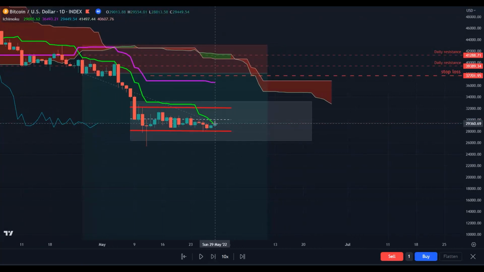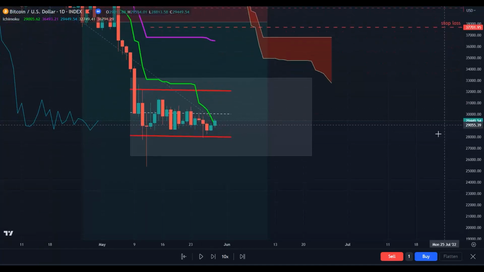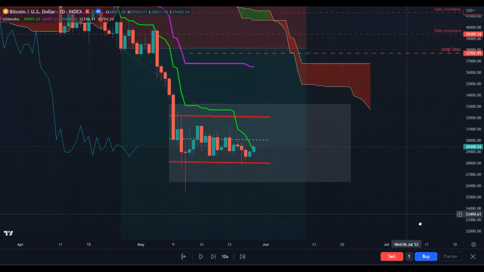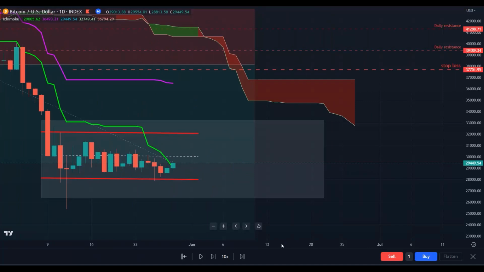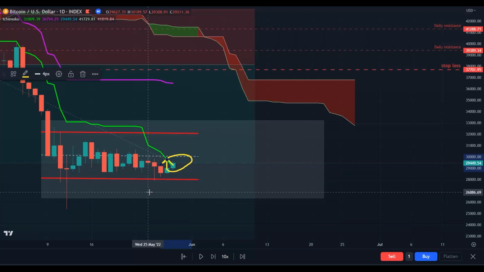Here you have a candle close above the Tenkan-sen while the Kijun-sen is flat. Okay, so what should you do? First, imagine you are a beginner trader and you know nothing about this kind of stuff, and you just want to trade based on this Ichimoku strategy. This is your exit point.